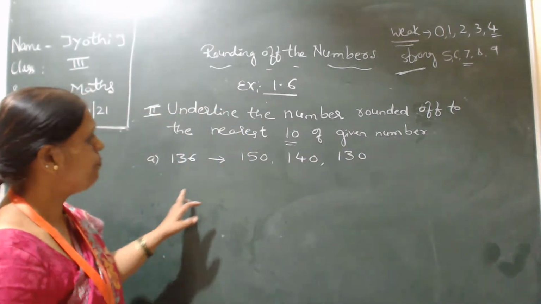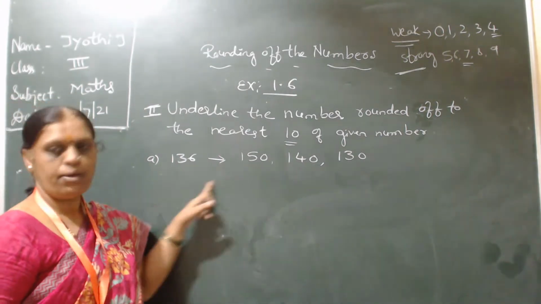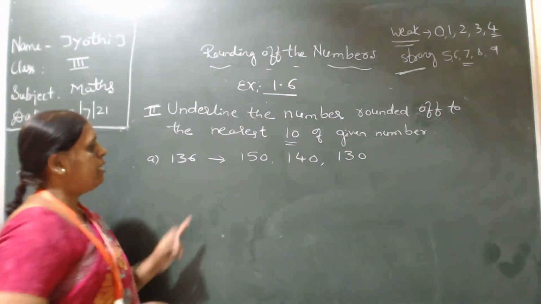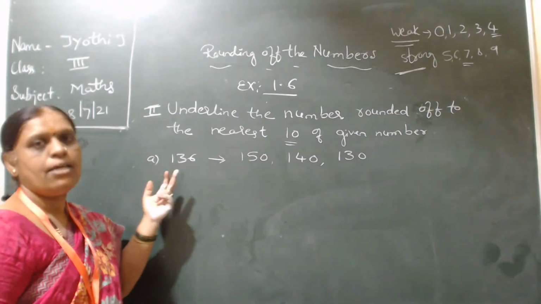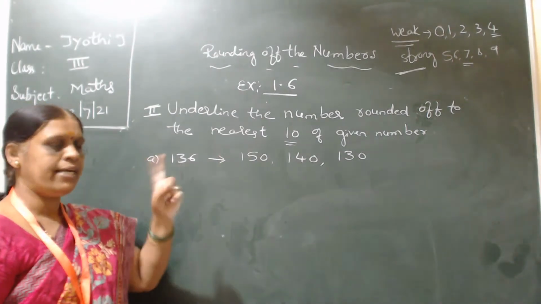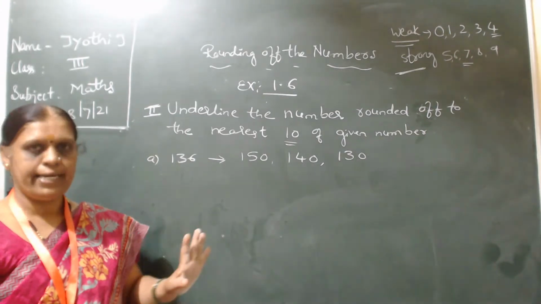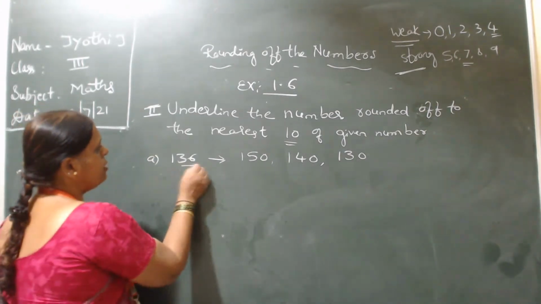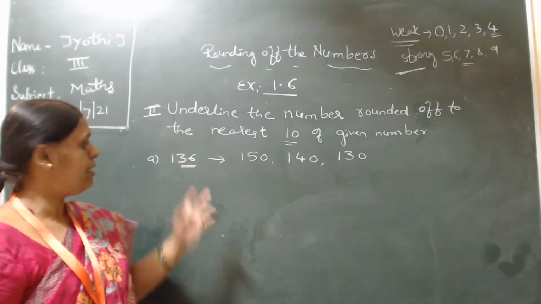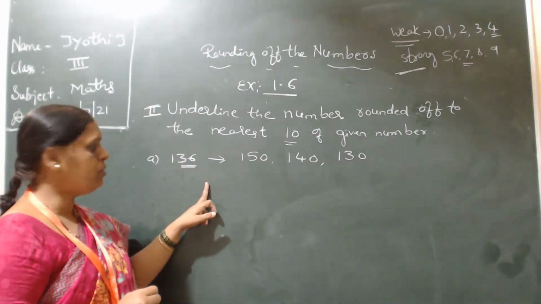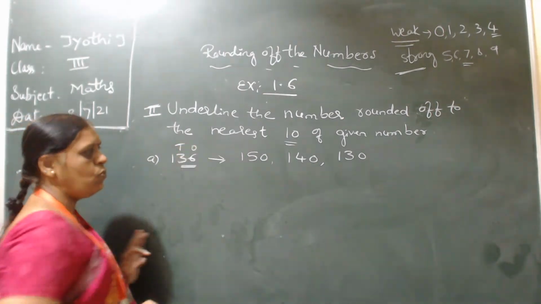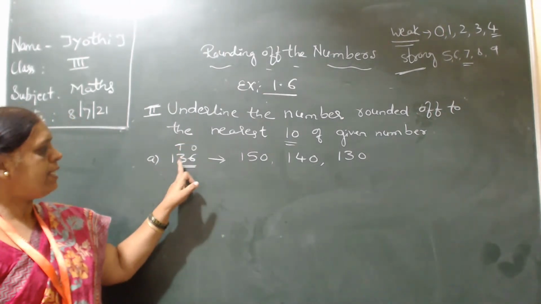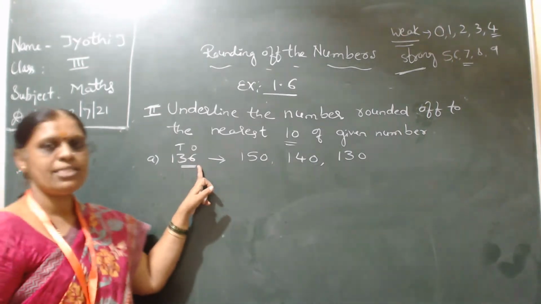Here they have given three options nearest to tens. As I told, in the hundreds place, for nearest to tens, the hundreds number will remain 100 only. We only have to change the tens digit. So this is tens and this is ones. So 36. Observe the ones place.